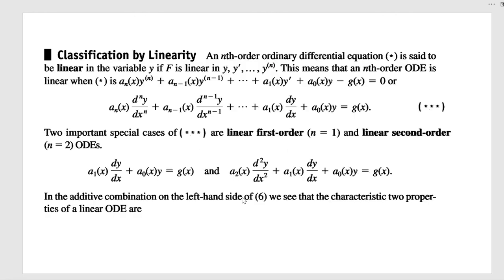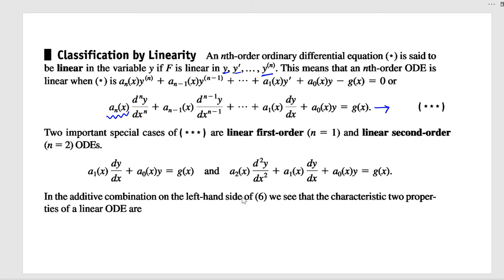Now, classification by linearity. For example, if this is the given differential equation, then we call it linear if all the powers of the function, that is y', y'' up to the nth derivative, are 1, and the coefficient functions are independent of y.